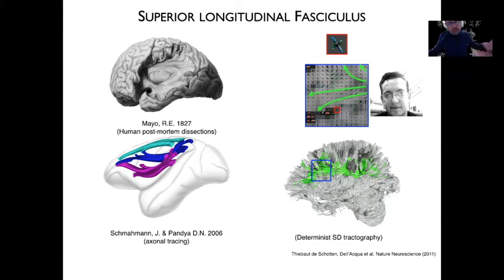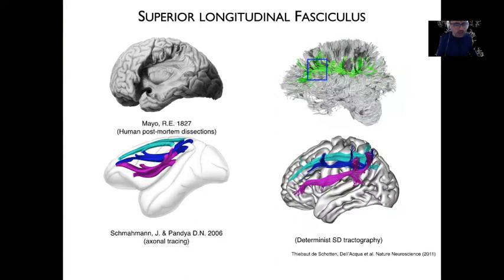By reprojecting that on the entire brain and doing the same analysis of all the connections between the frontal and the parietal lobe, I was able to recover those dorsal connections and show that actually the human brain, very much like the monkey brain, is organized with three branches of frontoparietal connections, the SLF1, 2, and 3.